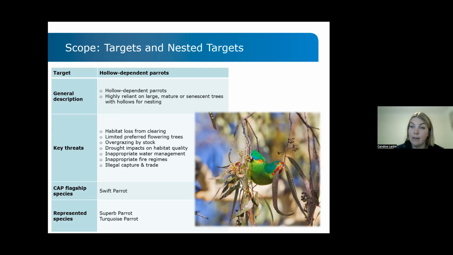Even when we're replanting, these new trees won't be accessible to these birds for up to 100 years. They also are nectivorous, and there's often a lot of competition, particularly for smaller lorikeets. They're now competing with large cockatoos for the same resources.